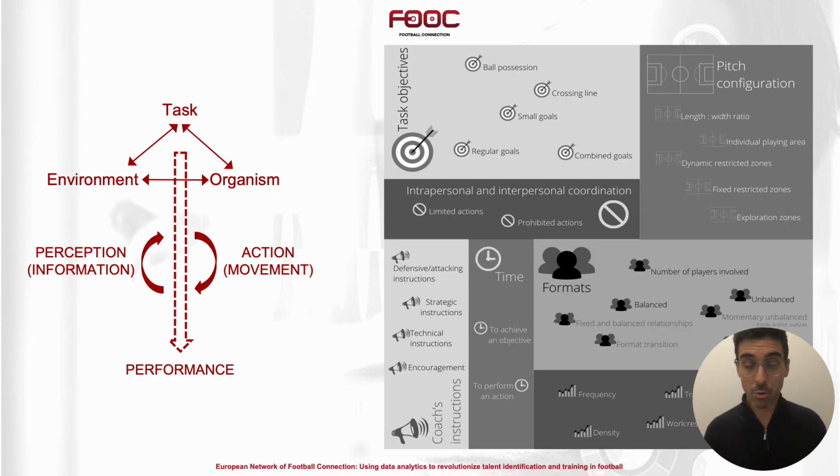So as coach, we can manipulate different task constraints. You can see here in the figure task objectives. We can have ball possession, crossing lines, small balls, regular goals. In the type of format, we can have small sided games, medium sided games, large sided games, in a balanced way, in unbalanced way.